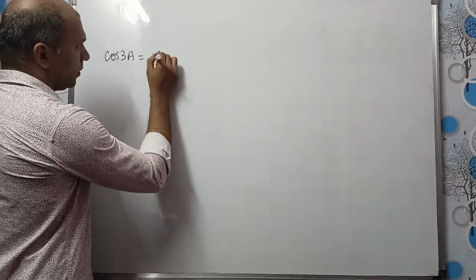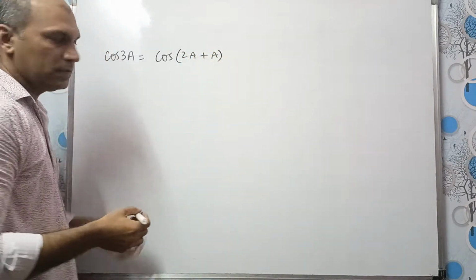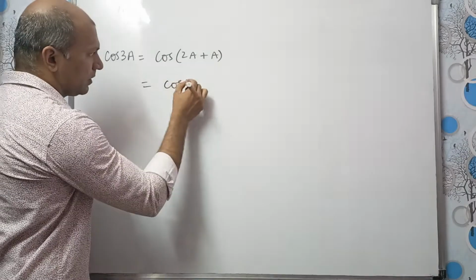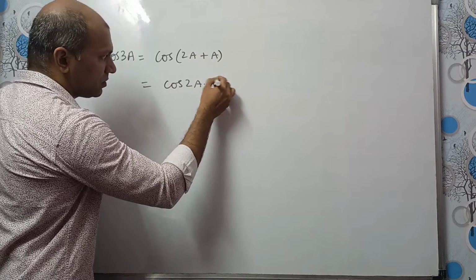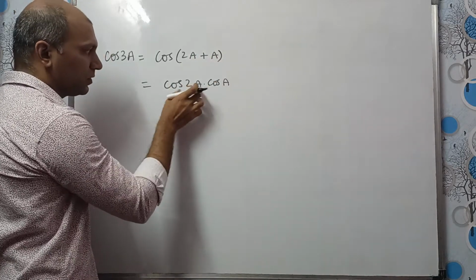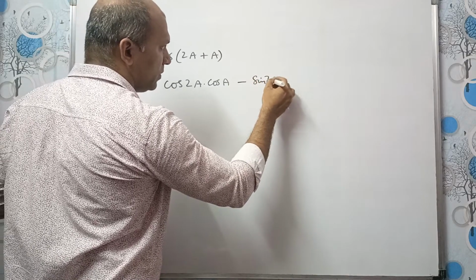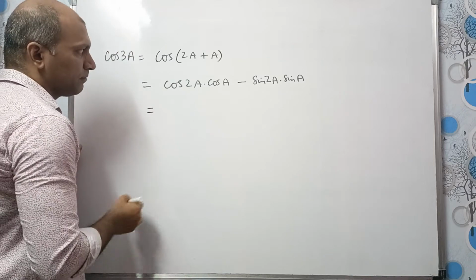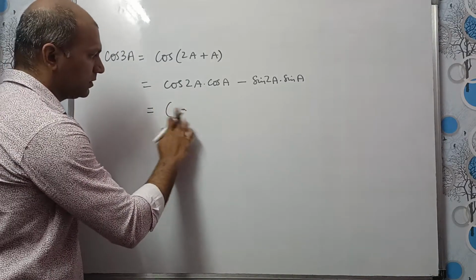Let us derive the formula for cos 3A. Cos 3A we can write it as cos of 2A plus A, right? It is like cos A plus B. Cos A plus B will be cos A cos B minus sin A sin B. So cos 2A multiplied by cos A minus sin 2A multiplied by sin A. What is cos 2A? Let us write it in terms of cos.